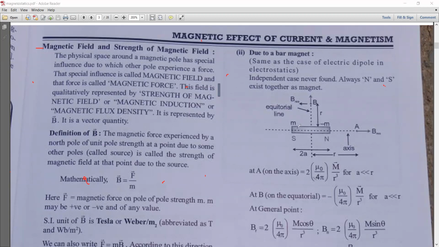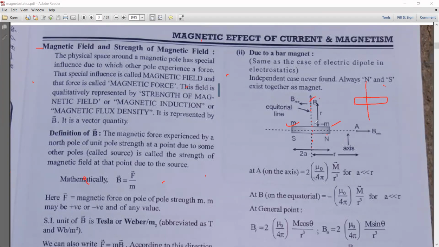Yeah, so look now, look at here, we have a magnet, right? M and minus M is the pole strength at N and S, and you can see this is the magnet over here, something like that, and it has a perpendicular axis in this way, and here we are trying to find the magnetic field, right? So because of this magnet, what will be the value of magnetic field here, right?